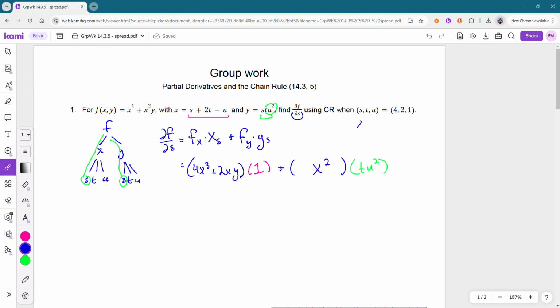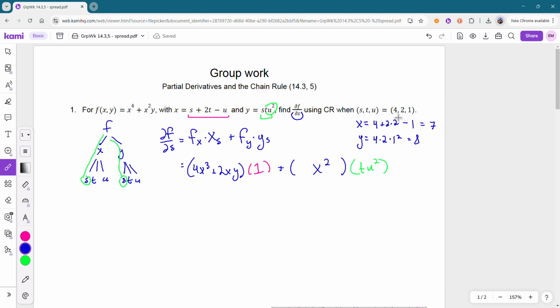So here, x is going to be s plus 2t minus u, so 4 plus 2 times 2 minus 1, which is 7, and y, coming from our formula s t u squared, becomes 4 times 2 times 1 squared, which is 8.